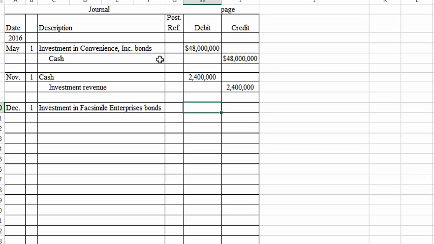And the face amount there was $30 million. And we're going to credit cash. Got an asset to increase and an asset to decrease here.